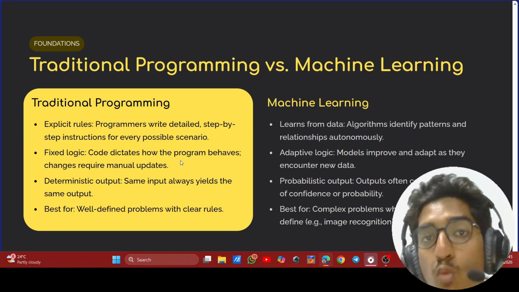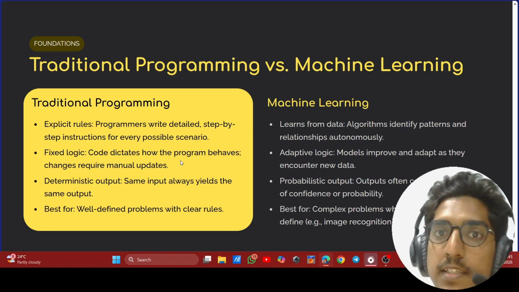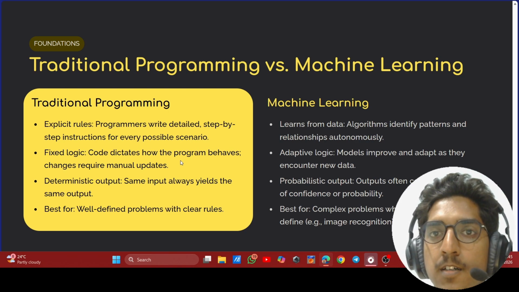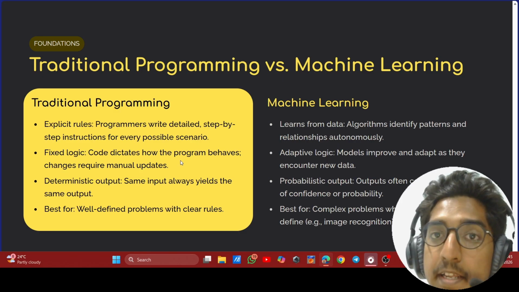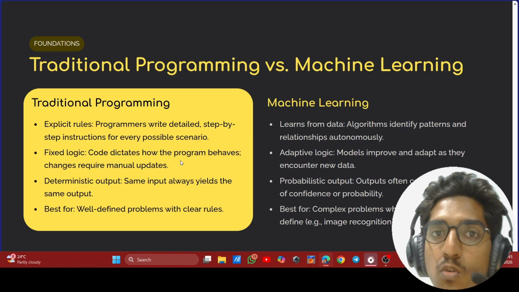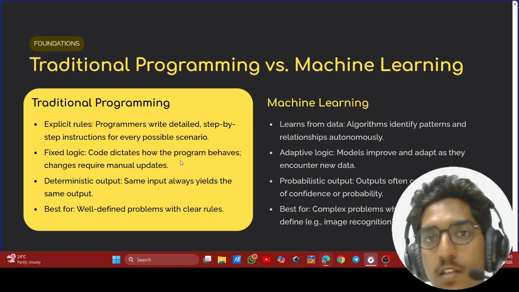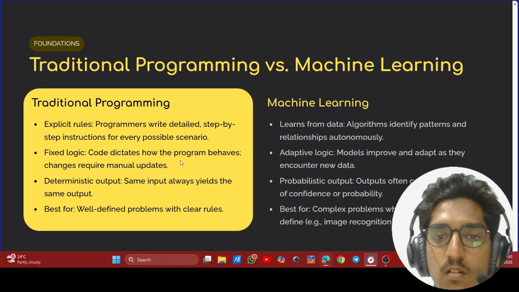Probability or confidence means assurance, like it's confident that the output which is given is accurate. For example, if you tell AI you want a summary of this particular content, then it gives the summary and also says that I am 98% sure that the output which I have given is correct. So this is the third difference between traditional programming and machine learning.